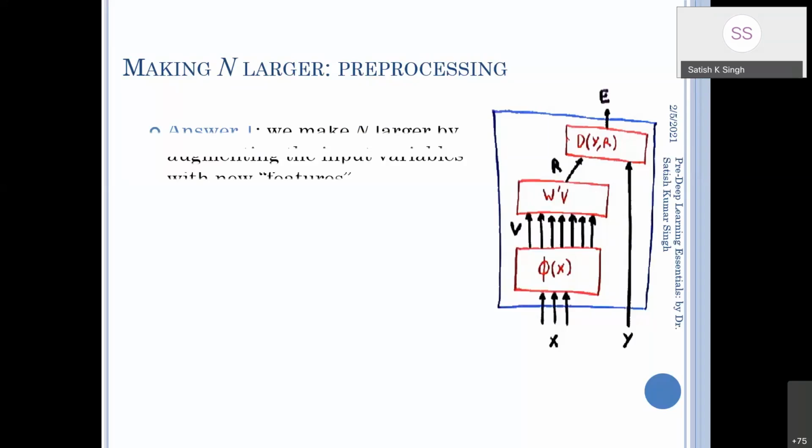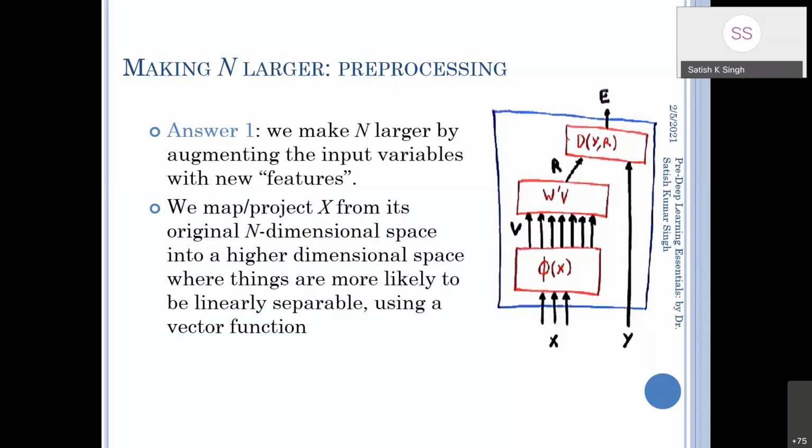So the answer: we make n larger by augmenting the input variables with new features. We map or project X from its original n-dimensional space into a higher dimensional space where things are more likely to be linearly separable, using a vector function. It means we are not doing this randomly or heuristically.